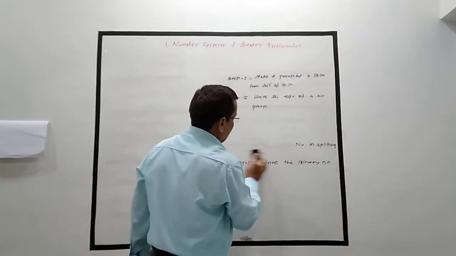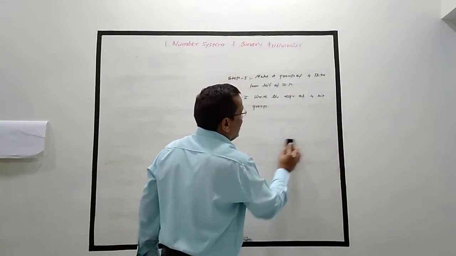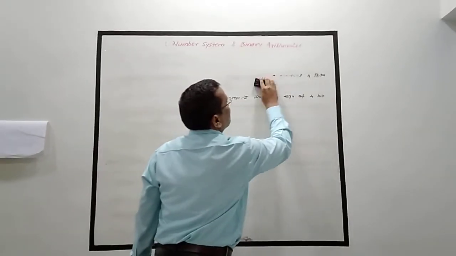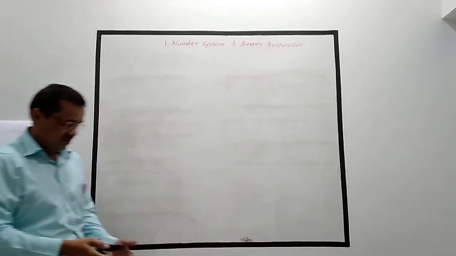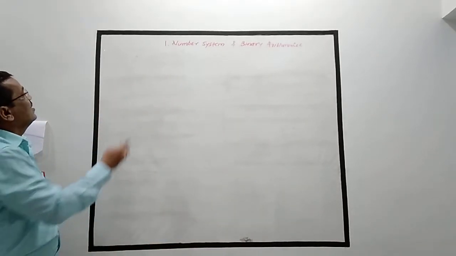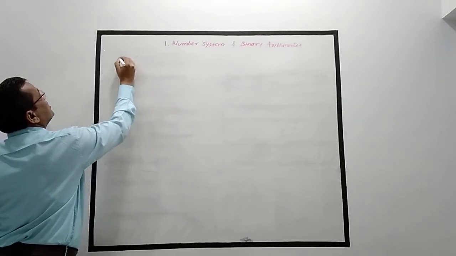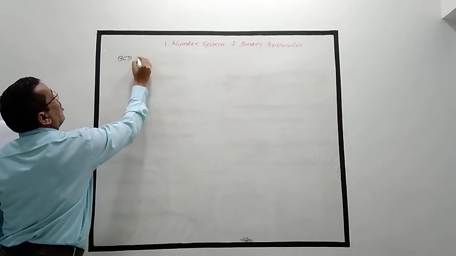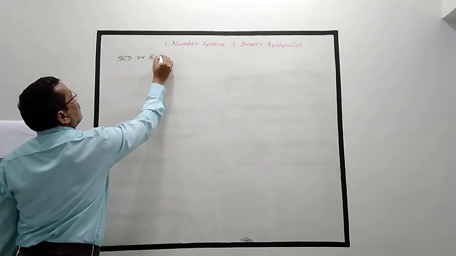We are studying all the number systems and their interconversion. Now the fourth is BCD code, or 8421 code.